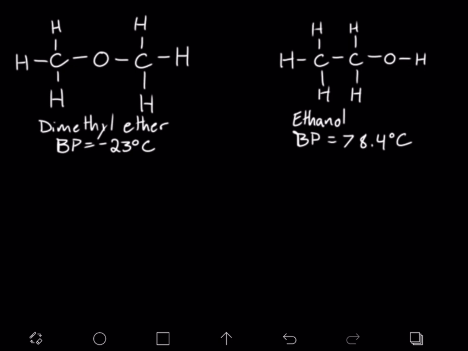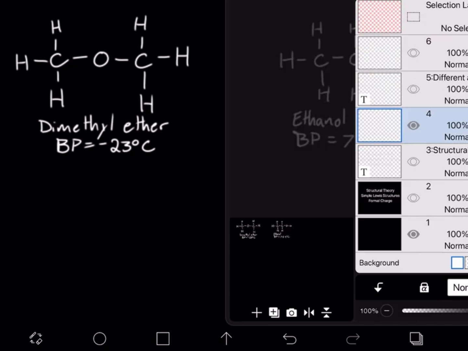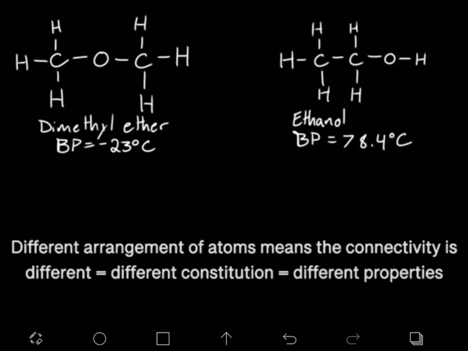So here we have dimethyl ether with a boiling point of negative 23 degrees Celsius and ethanol with a much higher boiling point of 78.4 degrees Celsius. The different arrangement of atoms means the connectivity is different, meaning there's different constitution, meaning different properties.